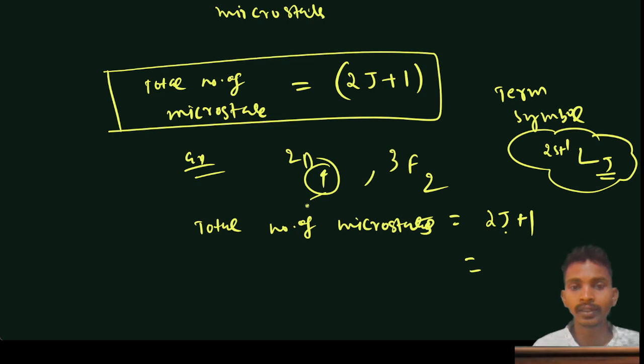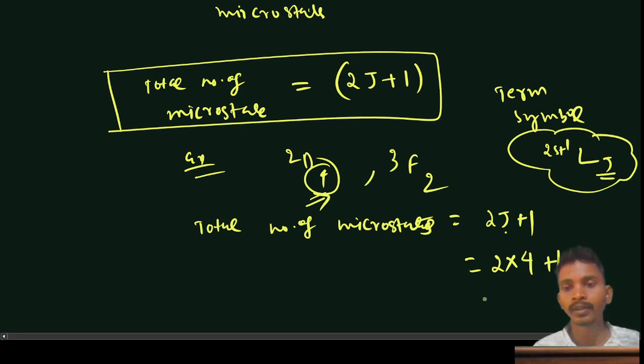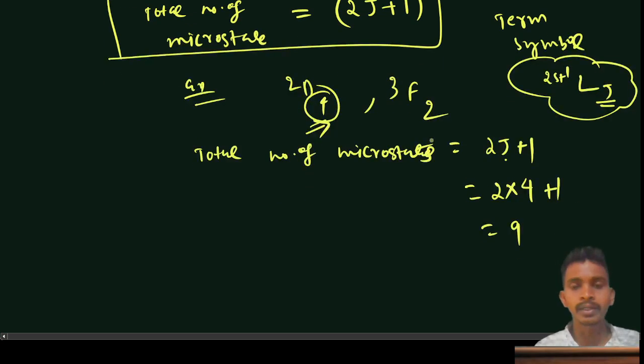The J value here is 4, so 2 into 4 plus 1: 2 times 4 is 8, plus 1 is 9. This is the total number of microstates.